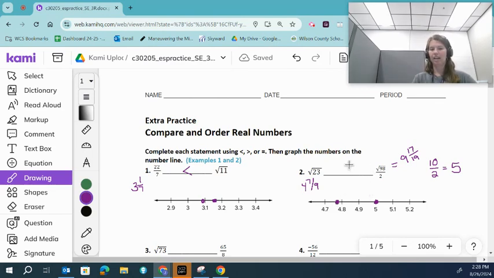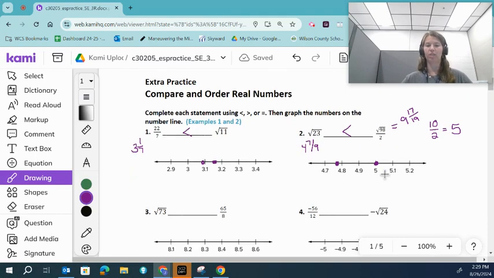So again, the square root of 23 is less than. So when you're comparing real numbers, you are estimating both, and then based on that estimating, you are using your inequality or your equal sign to determine which one is larger or smaller.